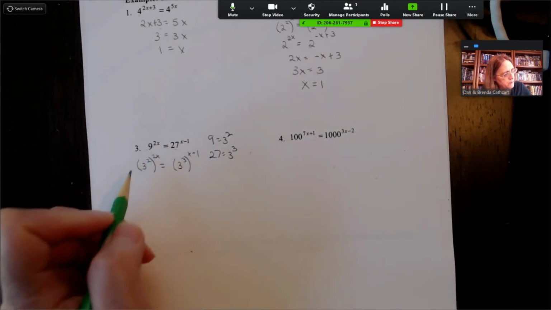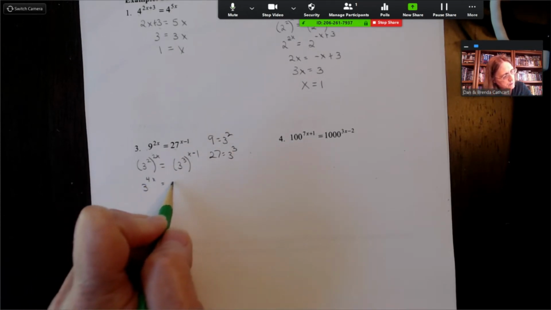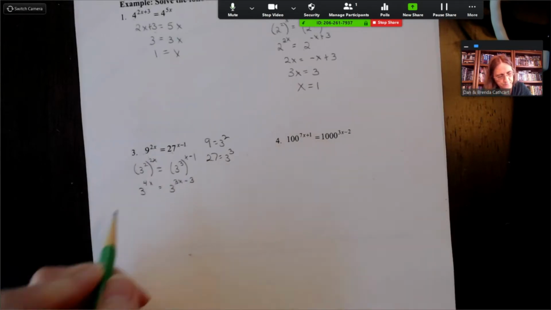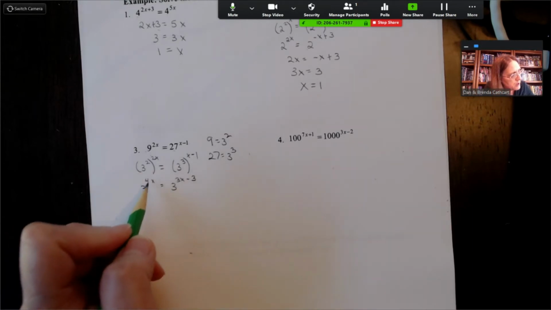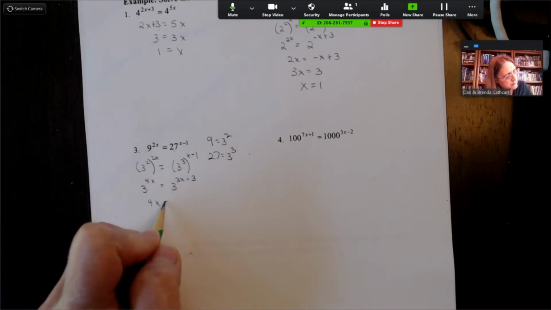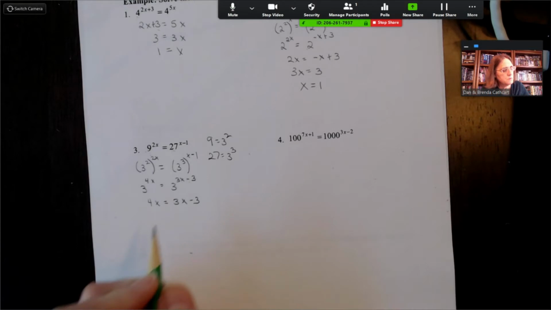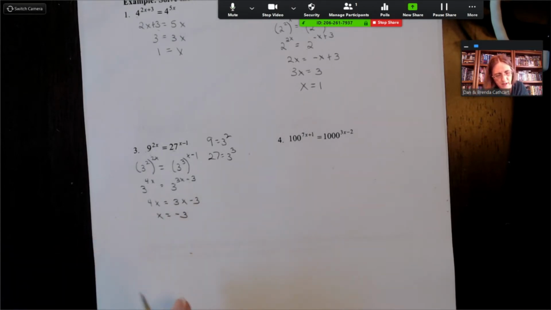Applying the properties of exponents, we have 3 to the 4x equals 3 to the 3x minus 3. Now, setting these exponents equal to each other, we get 4x equals 3x minus 3. Subtracting 3x from both sides gives us x equal to negative 3.